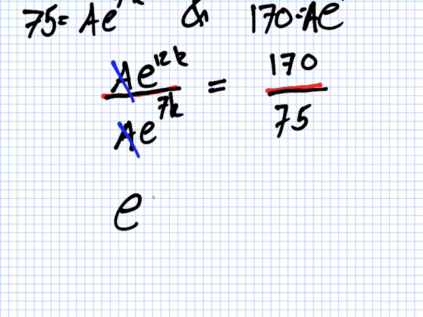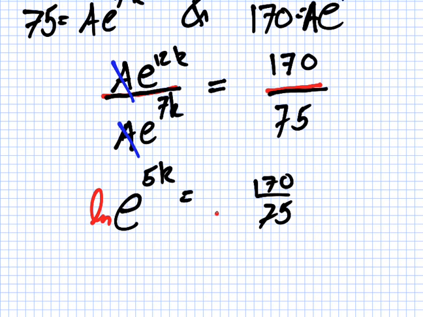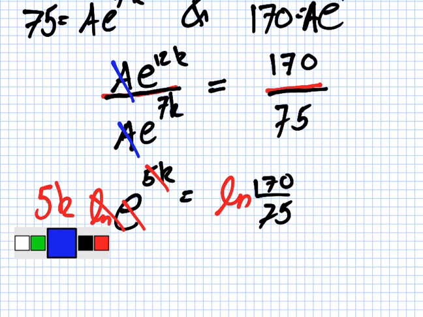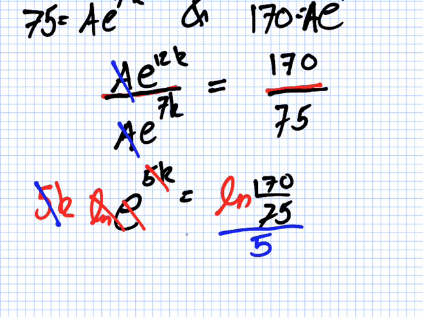So 12k minus 7k is 5k, and that's 170 over 75. We can cancel the e by putting a log on both sides, leaving 5k on the left. Then we cancel the 5 by dividing by 5, so k equals that big thing we have to type in on our calculator.